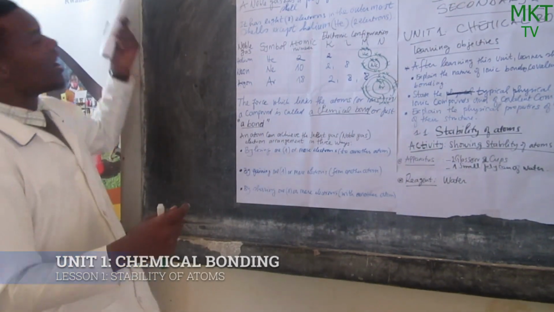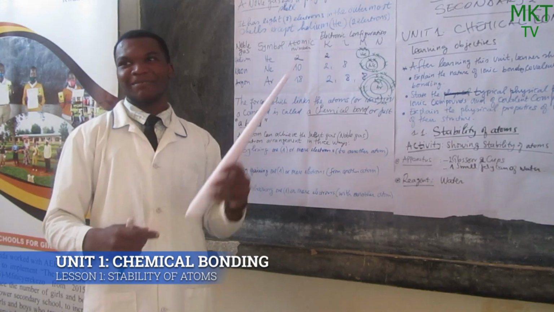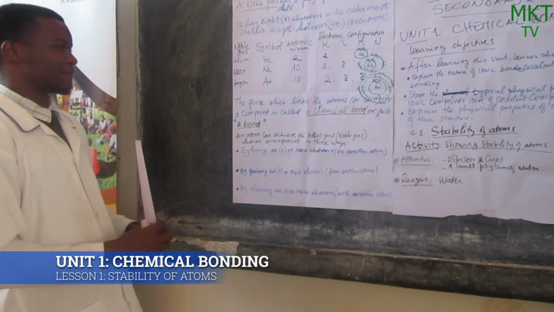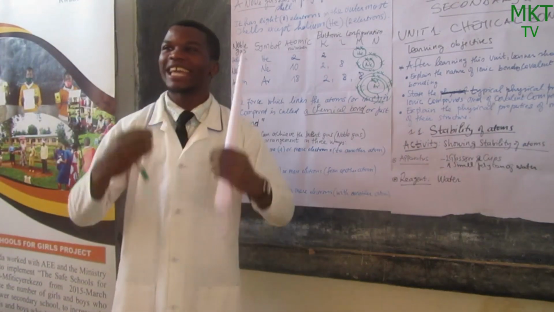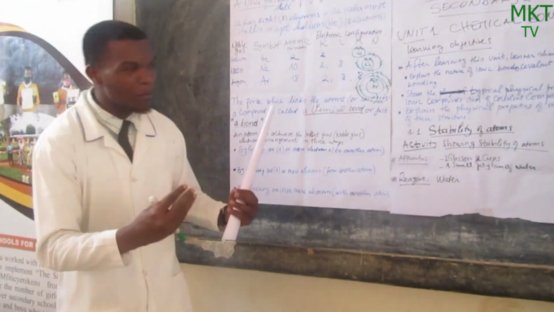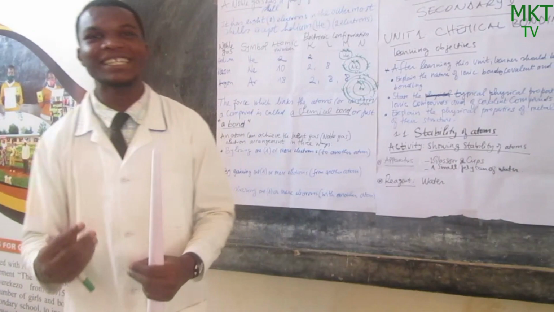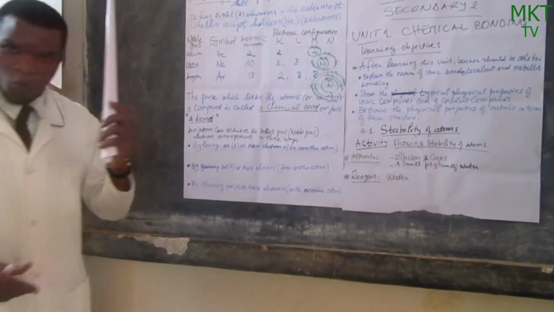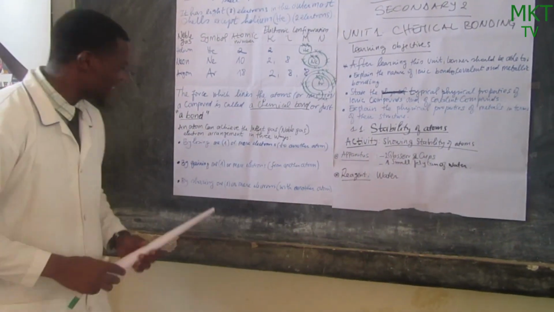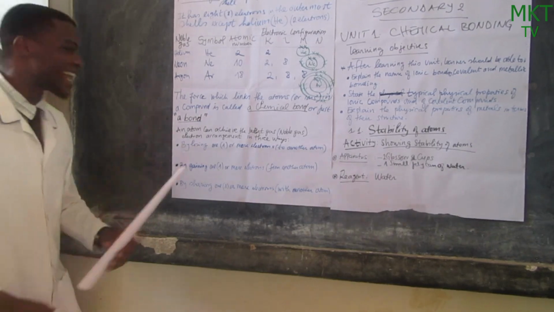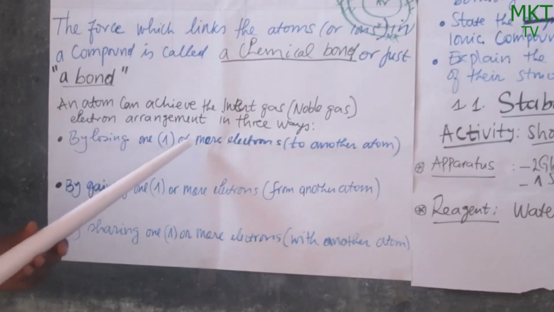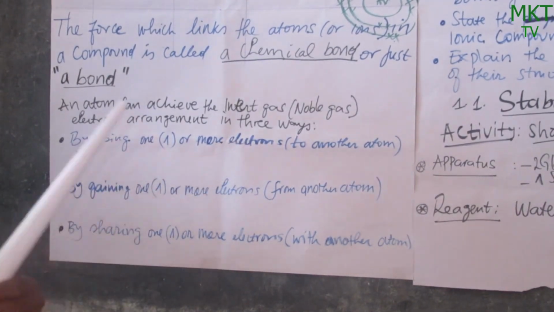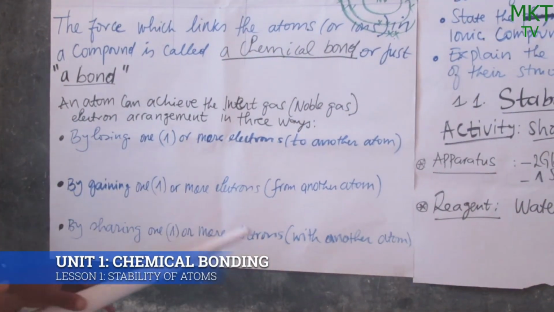Dear student, an atom can achieve the noble gas electron arrangement in 3 ways. The first way is that it can achieve stability by losing one or more electrons to another atom.